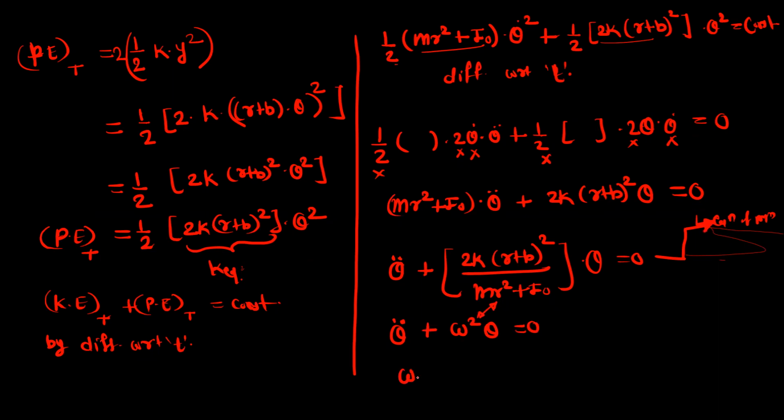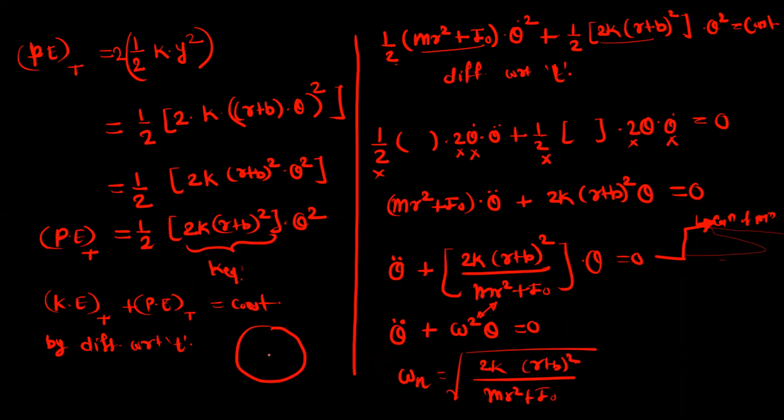From this we will get omega n, that is the natural frequency. Just take the square root of this complete equation. So this will be 2k into (r plus b) square upon (mr square plus I0). Now you can put the exact value of I0 for the disk. For the disk, its moment of inertia about the center point is equal to mr square by 2.